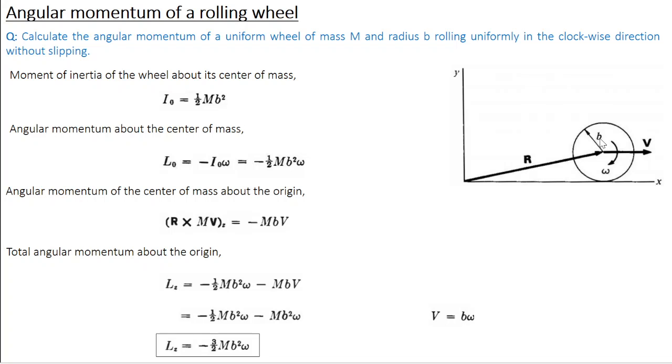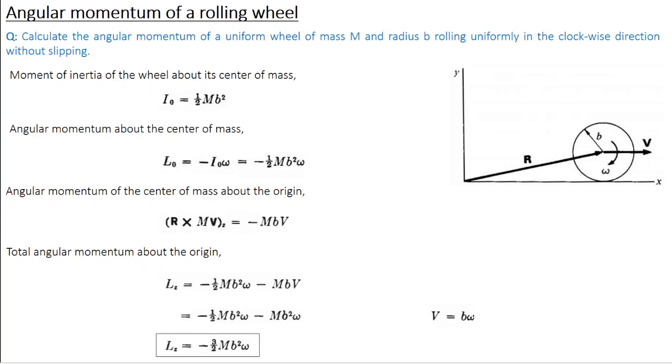Since the radius is b and mass is m, the moment of inertia about the center of mass, I naught, equals half m b square. And the angular momentum about the center of mass is nothing but I naught omega, so this is going to be half m b square omega. So L naught equals half m b square omega.